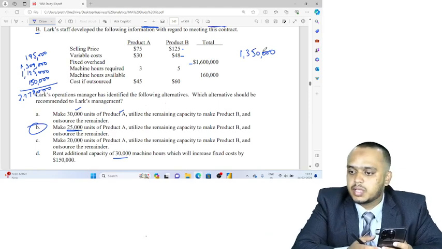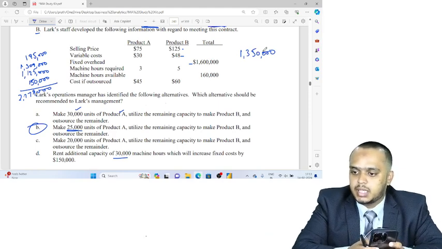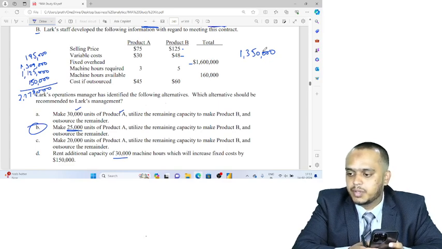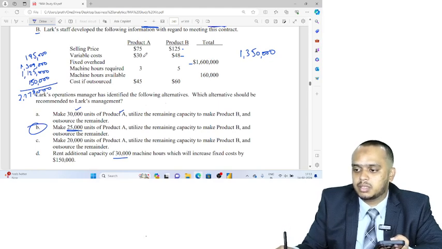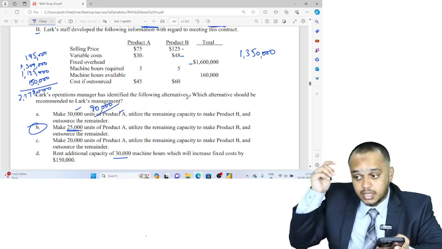Okay, done. Then the next one is how much for product B. Okay, 30,000 if I am utilizing here, it means 30,000 into 3 is 90,000 hours used here. How much is the remainder which I need to utilize?